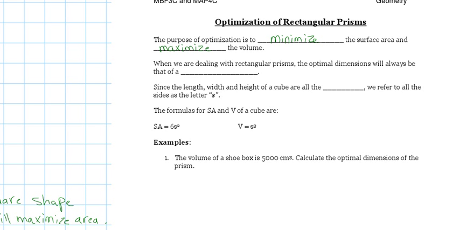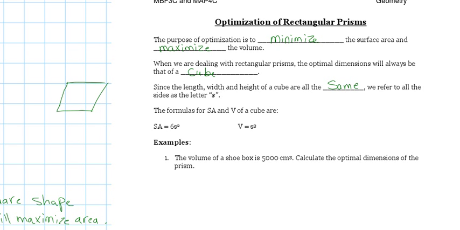Because a cube is made of squares for all faces. It's made of squares for the 6 faces. Since the length, width, and height of a cube are all the same, we refer to all of these sides as the letter S. So we're thinking about a cube.